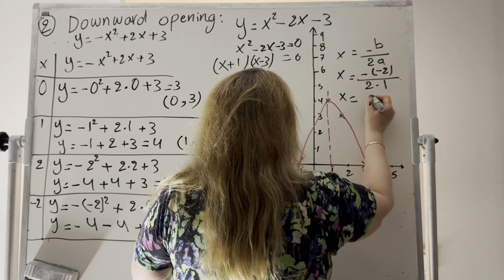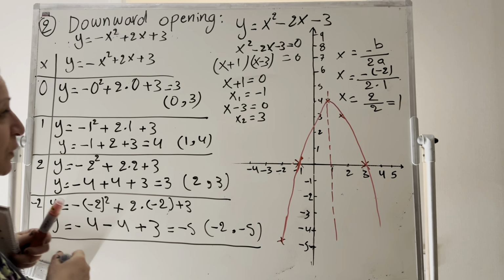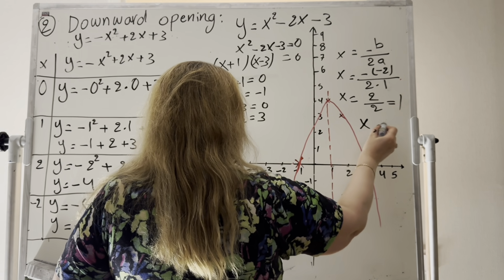So x equals 2 divided by 2 equals 1. So the symmetry line equation is x equals 1.